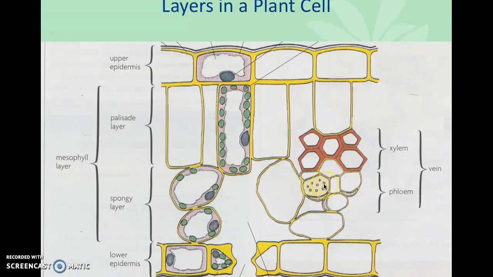All of this will be considered a vein. So the spongy layer is going to look a lot like a sea sponge, where the holes would be the cells and everything else is just empty space. And the palisade layer cells are next to each other, cell by cell by cell by cell. It's very thickly packed.